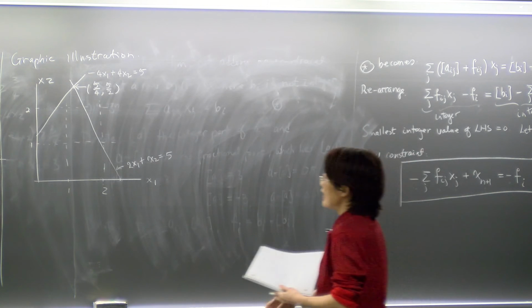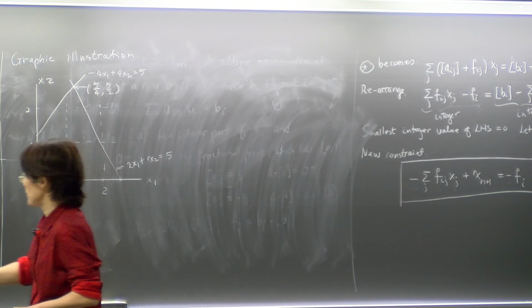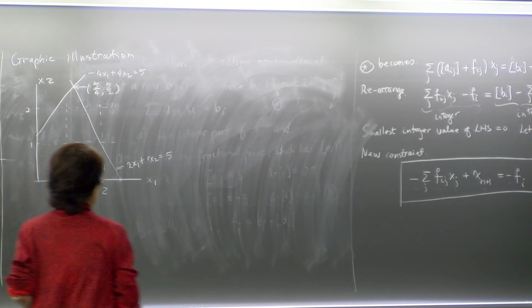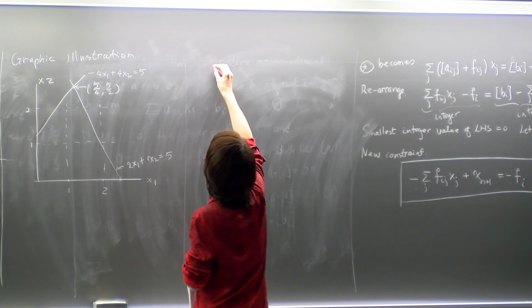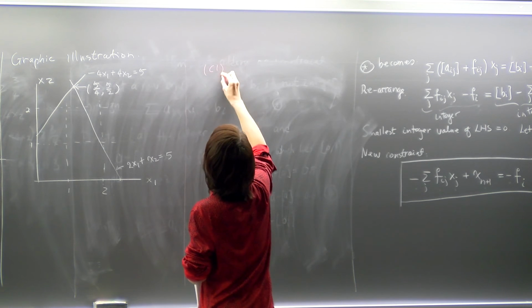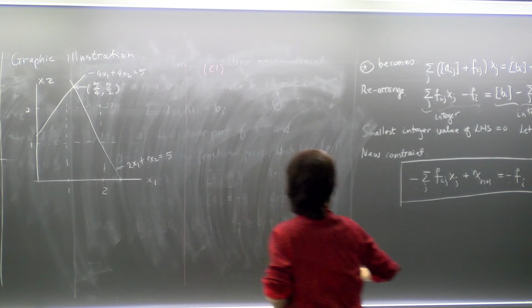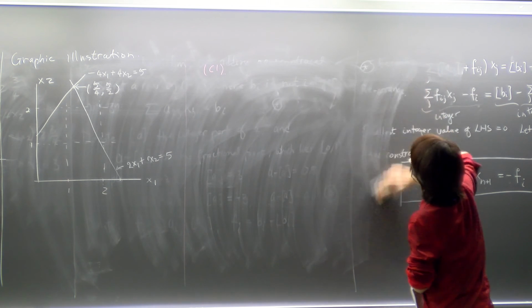Okay, now let's check the constraints we put. Let's look at the first constraint, C1. What is that constraint actually?